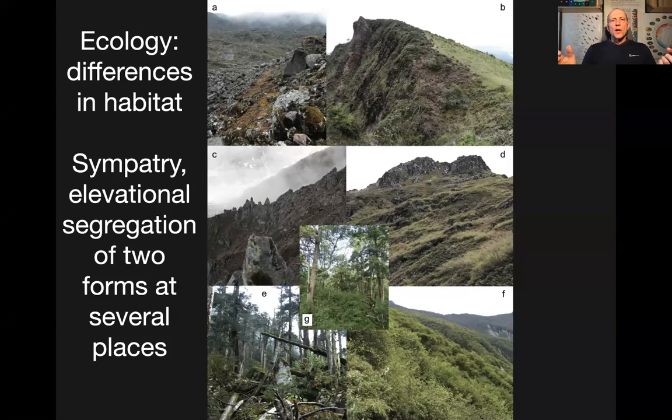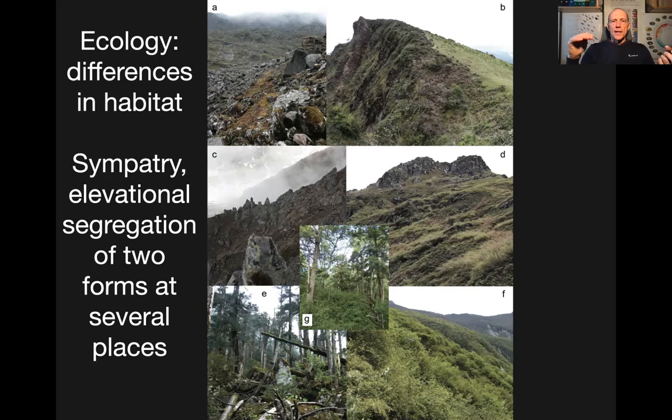So, for example, one population was found in the alpine zone above the tree limit, really high up to more than 4,200 meters. And other populations were found in different forest habitats. So it could be both mixed forest and pure deciduous forest. So there's a very great elevational span here.